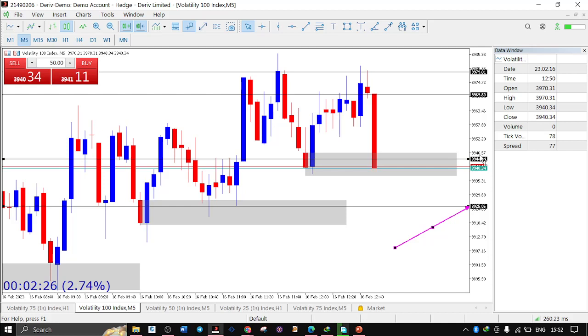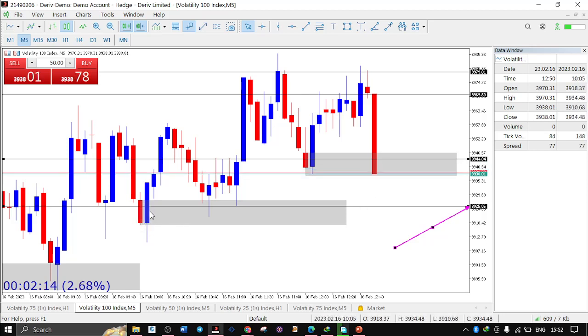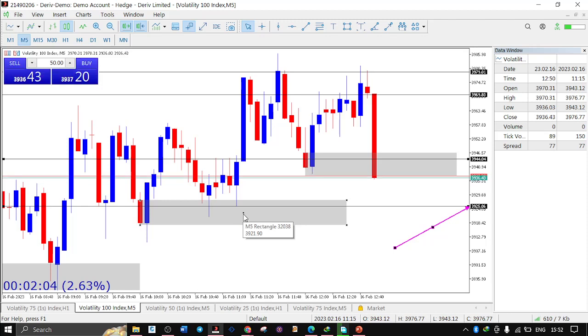Let me give you an assignment. You're going to identify for me these candlestick patterns, bearish engulfing and bullish engulfing, on the chart. Then you take screenshots and send them to me.